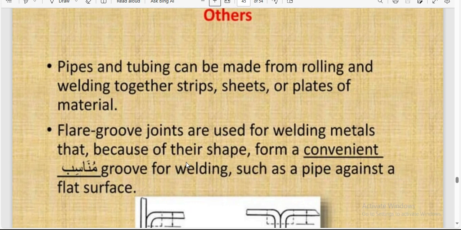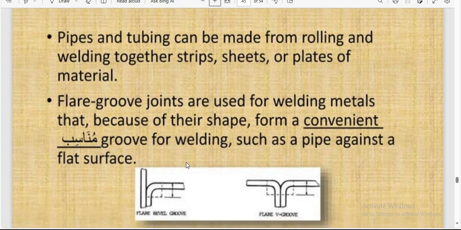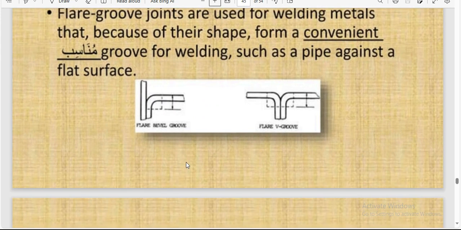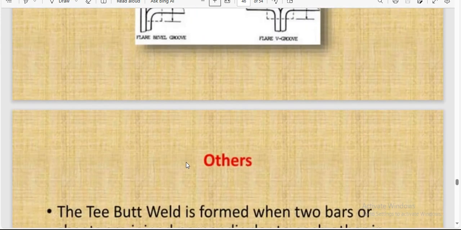Pipes and tubes can be made from rolling and welding together strips, sheets and other plates of material. Flare groove joints are used for welding metals that, because of their shape, form a convenient groove for welding, such as pipe against pipe. These are ways of connecting pipes and tubes also.